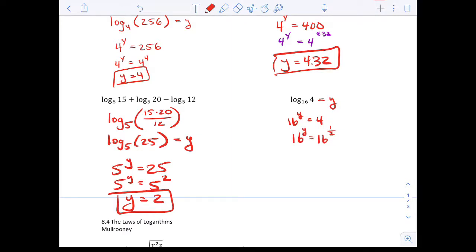These are equivalent. All I do is rewrite 4 as a base 16, right? Square root of 16 is 4. That's all it's saying. Square root, exponent is a half. So therefore, y is equal to a half in this case.